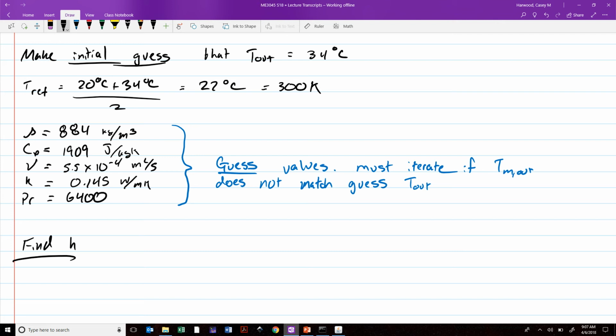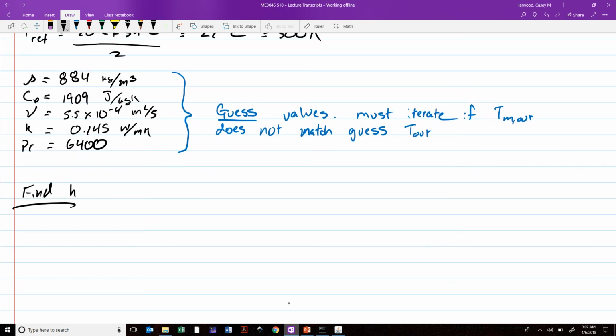So first thing, flow regime. What's the Reynolds number for this flow? Well, we define the Reynolds number as the mean velocity times the diameter over viscosity. The mean velocity, of course, is equal to m dot over rho times the cross-sectional area of the pipe.